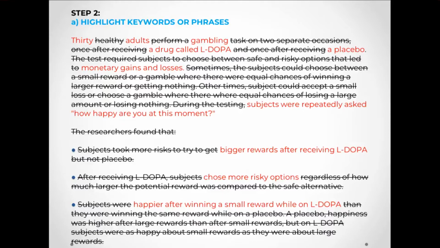And happier after winning a small reward while on L-DOPA, meaning while on drugs. That's also important. The rest, I consider just details, a lot of details. So remember, what I should do is just ignore the details. So I just cross-lined all the other lines, and I kept only those words.